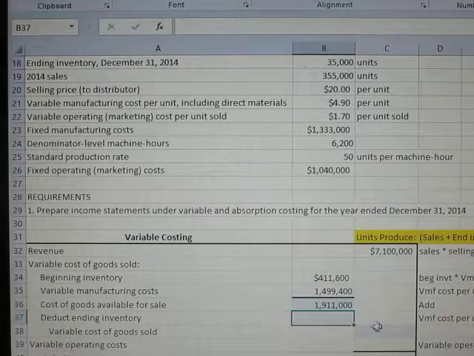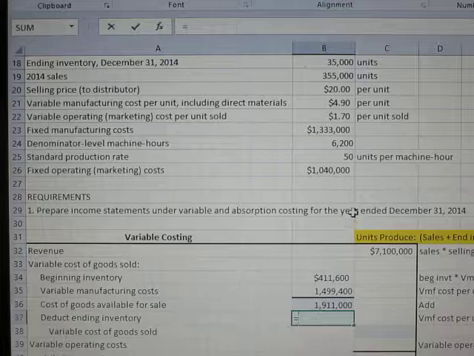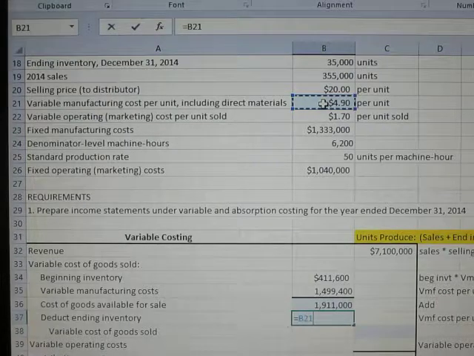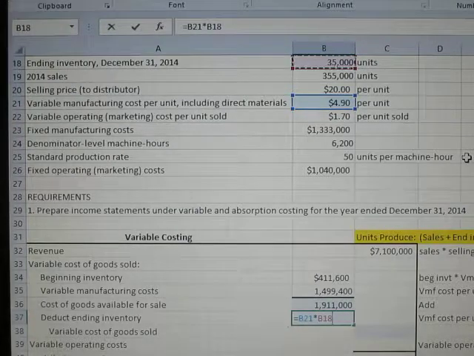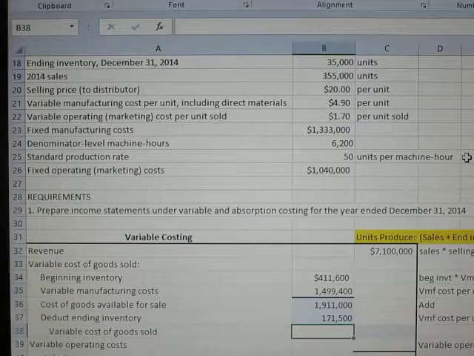Okay. To calculate the deduct ending inventory, it's equal to the same amount, variable manufacturing cost per unit, including direct material, times the ending inventory, which is the 35,000.